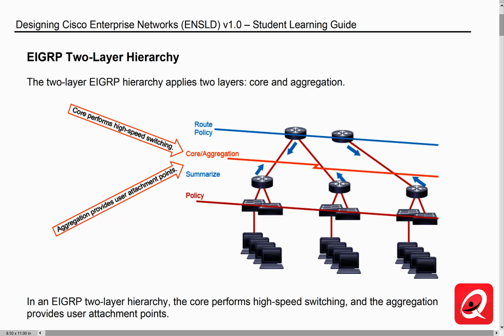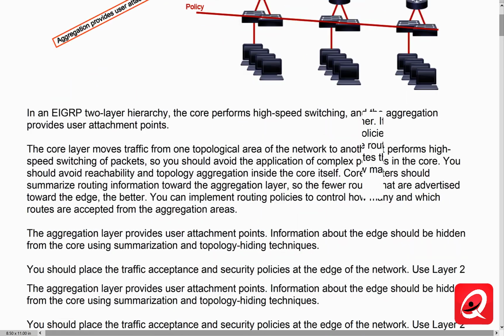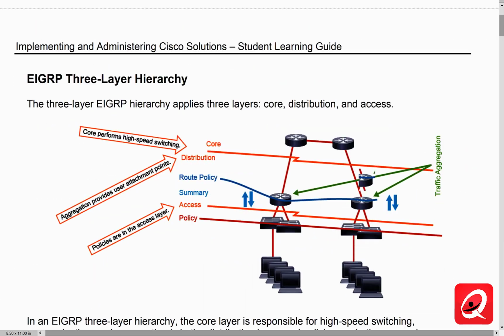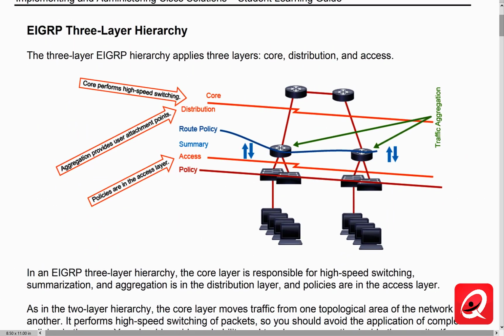Okay, so we have this 2-layer architecture, but we also have a 3-layer architecture that is available to us as well. The 3-layer architecture is very similar to what we would see with a traditional core, distribution, access type of design.